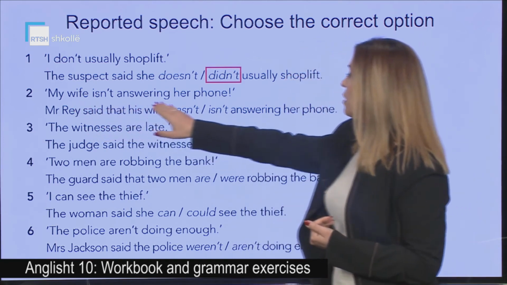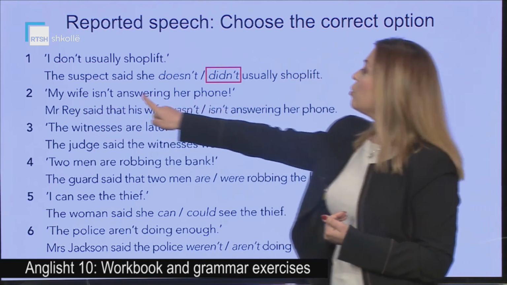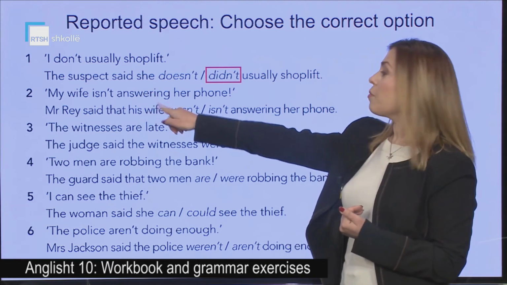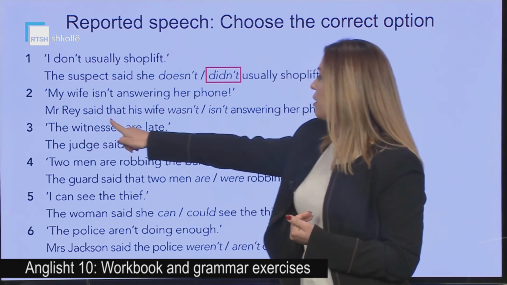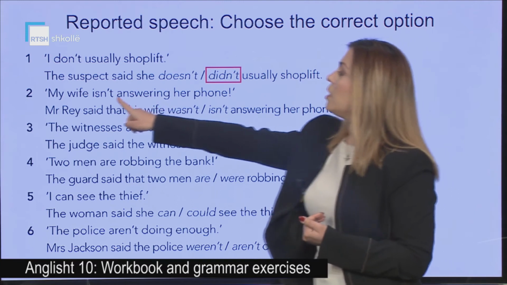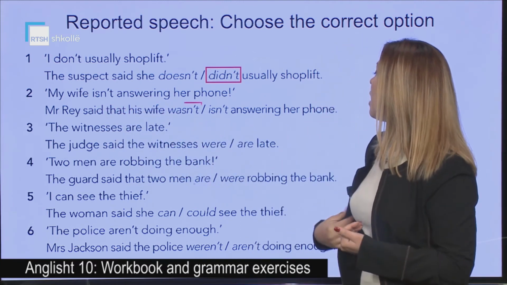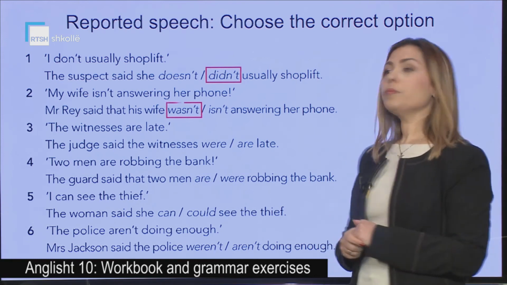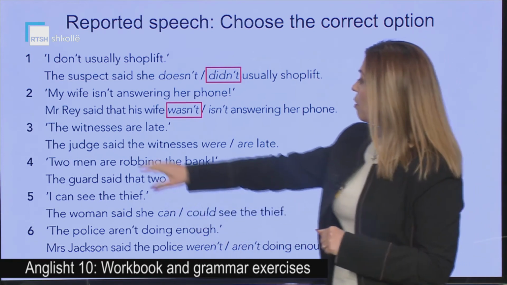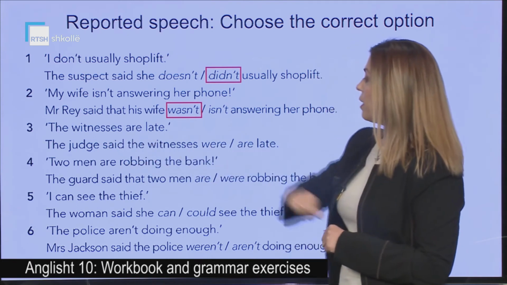Number 2. My wife isn't answering her phone. Present continuous. So Mr. Ray said that his wife isn't is in the present. So his wife wasn't answering her phone. Number 3. The witnesses are late.